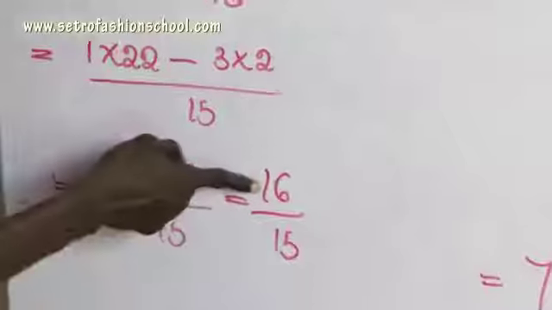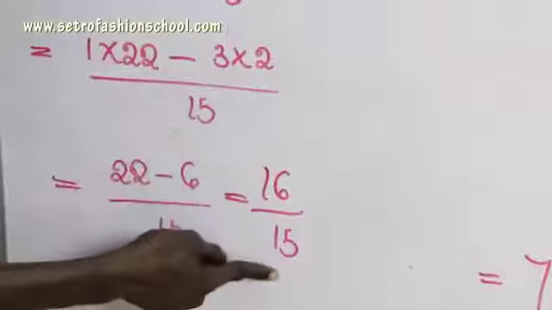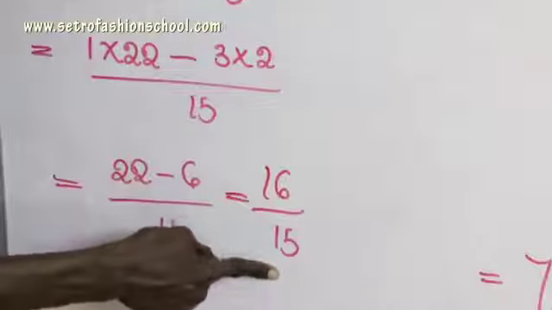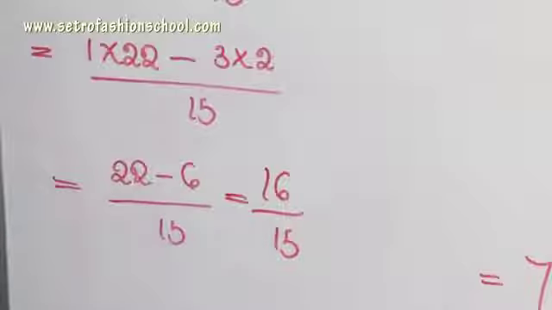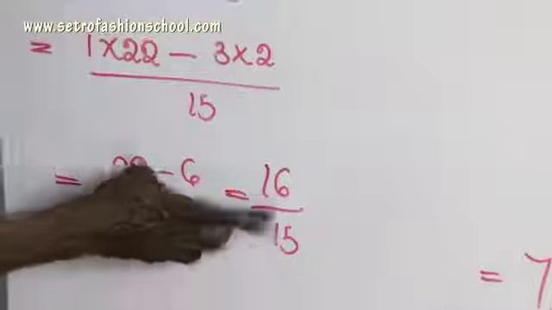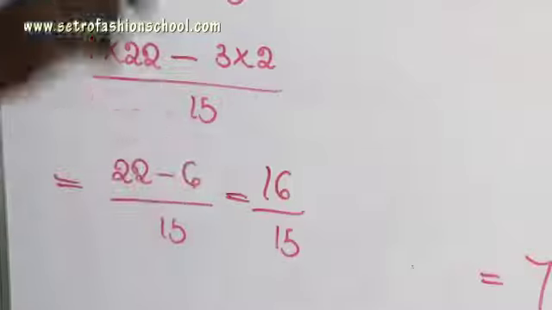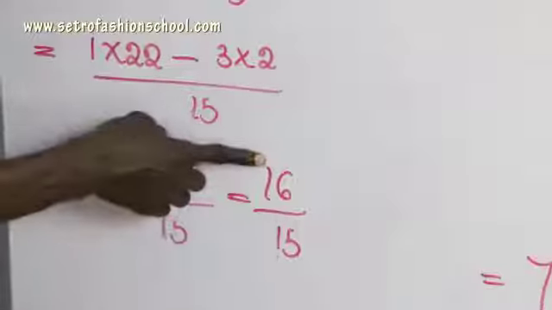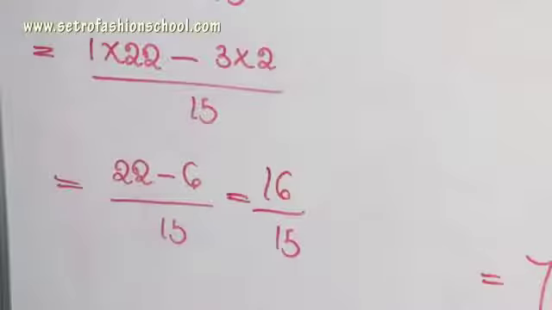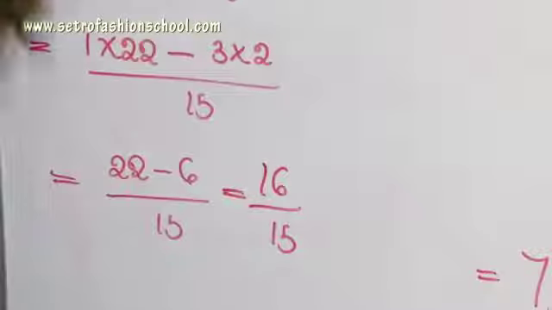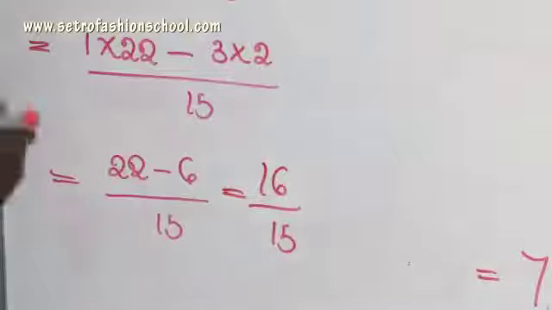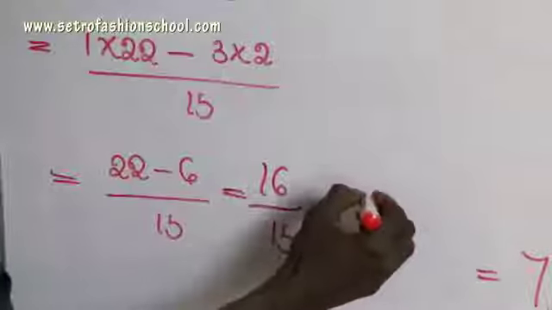So let's see. Look at this, 16 now is bigger than the 15. So what we'll do, we are going to split them. How many 15 can you see in 16? Great. We are going to see 15 in 16 once, but it's going to have a remainder of 1.